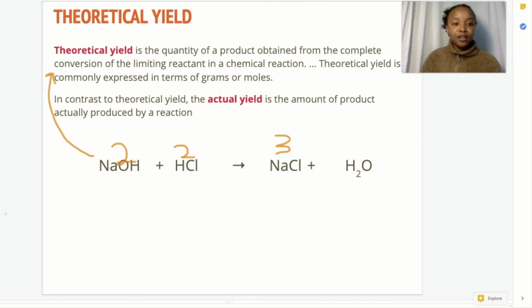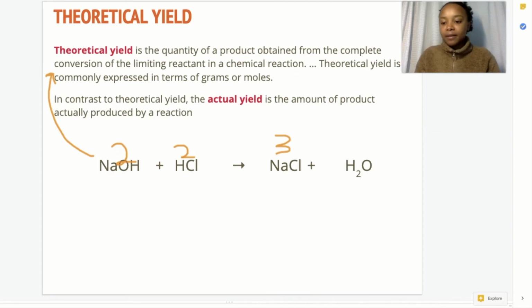Now, the actual yield in contrast would be, so I asked you guys to make me 3 moles. So you take your 2 moles of NaOH and your 2 moles of HCl and you mix them together. And then I go and I say, Ayana, how many moles of NaCl do you have? And then she says, oh, well, when I mix the 2, I only got 2.89 moles.